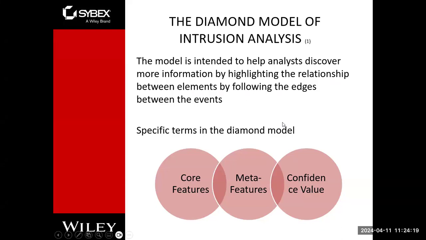So the diamond model of intrusion analysis, this model is intended to help analysts discover more information by highlighting the relationship between different elements of features. So this is kind of a higher end analysis of the organization as a whole and how platforms fit in with data, how data moves across the proverbial business plane.